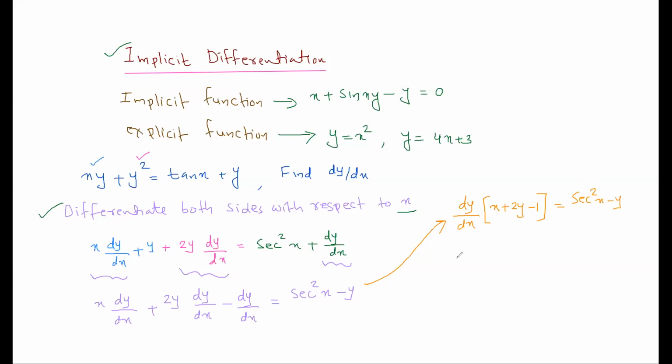Then divide by x plus 2y minus 1 on both sides, so you will get dy by dx is equal to sec square x minus y divided by x plus 2y minus 1.